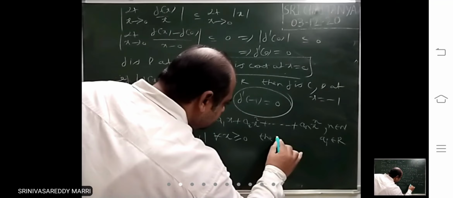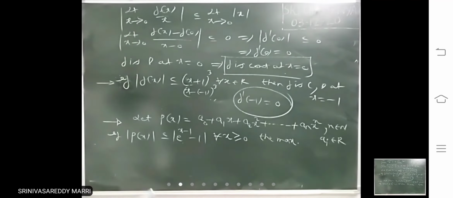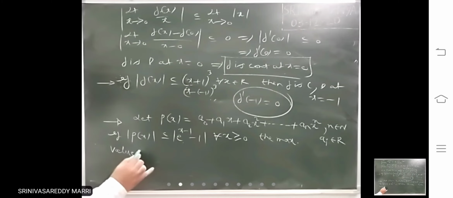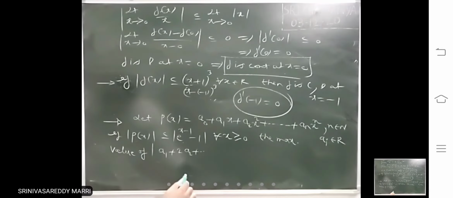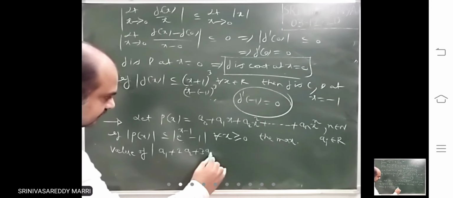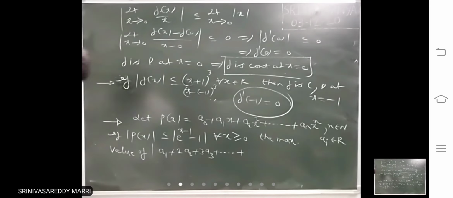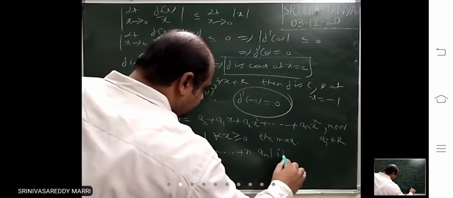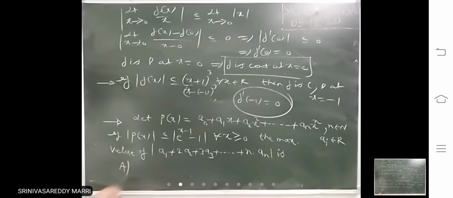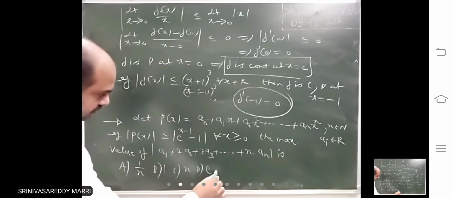Then the maximum value of modulus of a1 plus 2a2 plus 3a3 and so on plus n times an is: a, b, e.